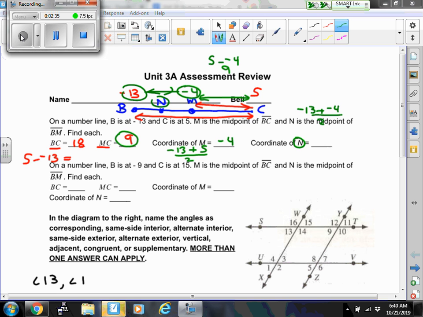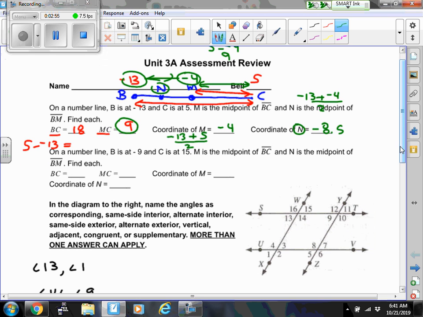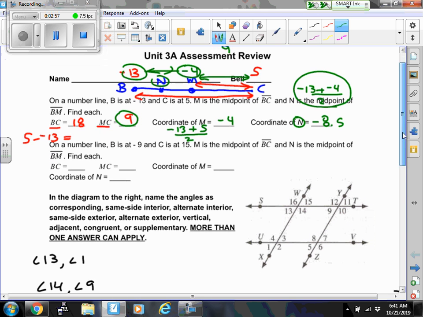And that gives me negative some really weird number, 6.5. Nope, that doesn't sound right. Let's see, 17, 8.5. There you go. It's not necessarily going to be a pretty answer. That's why you want to know that you always add and divide by 2 for a midpoint.